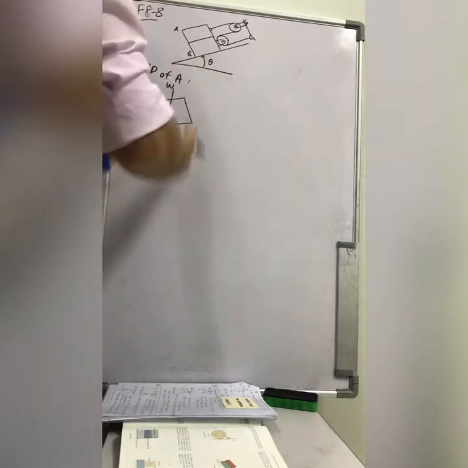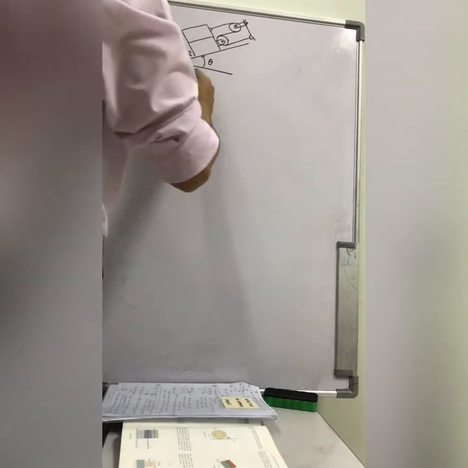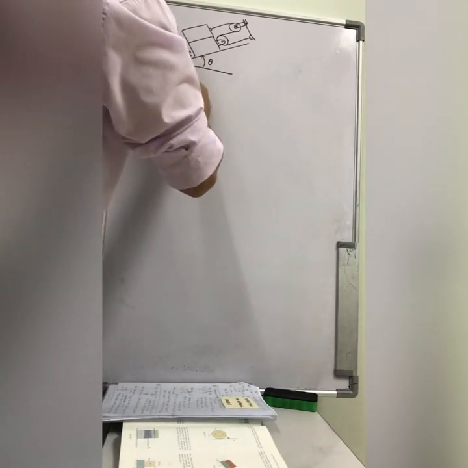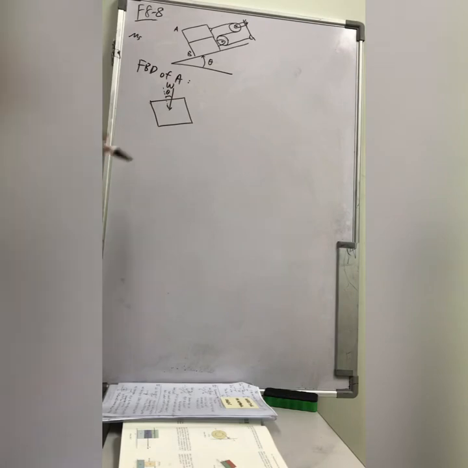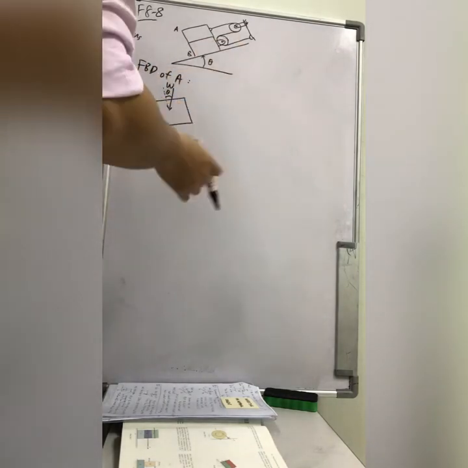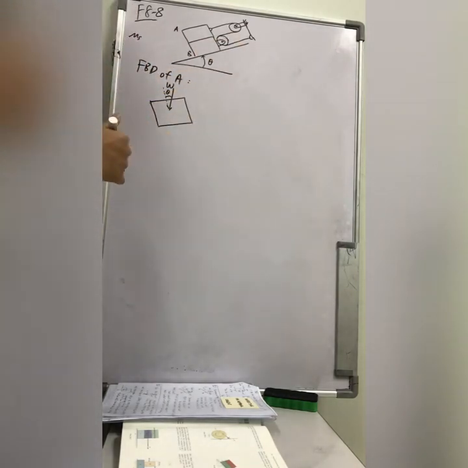W is vertical, going down, but now we have the incline, so between W and the horizontal line is theta. How I got this, I have explained in the previous chapters.